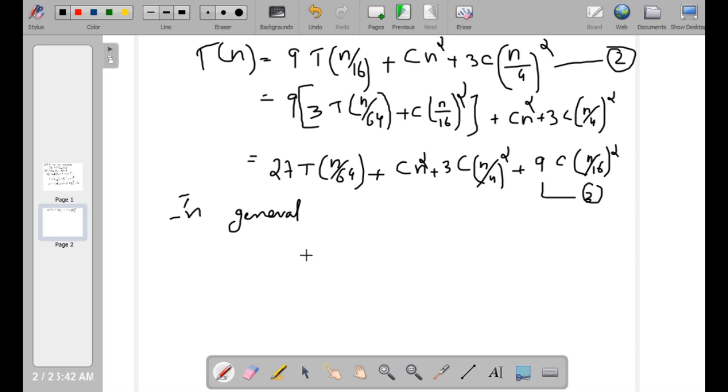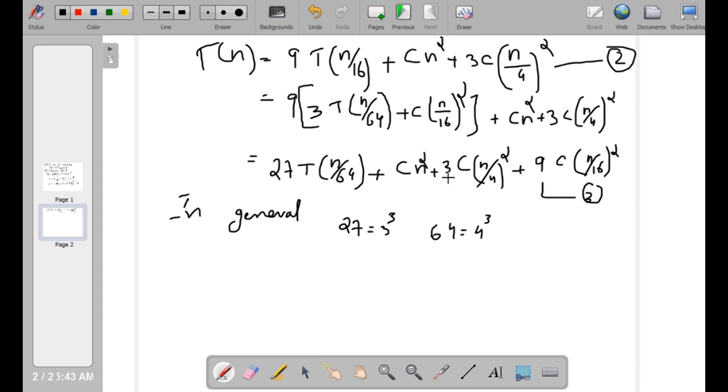So this 27 can be written as 3 raised to 3, and here 64 is coming, 64 equal to 4 raised to 3.